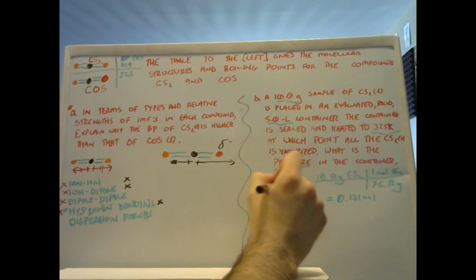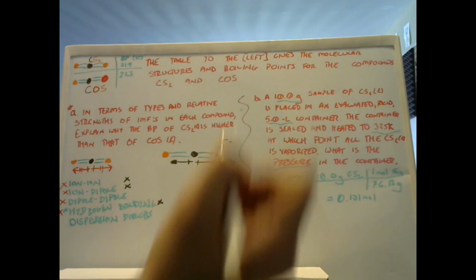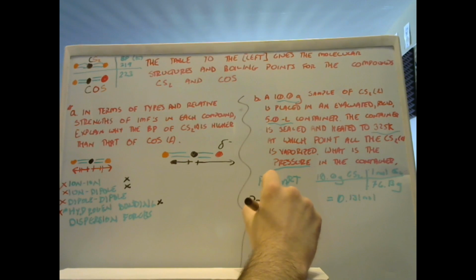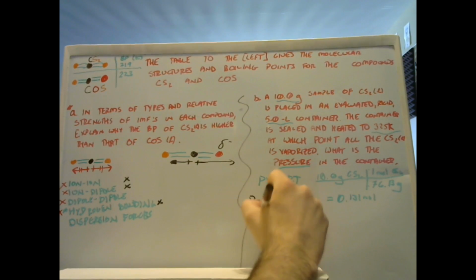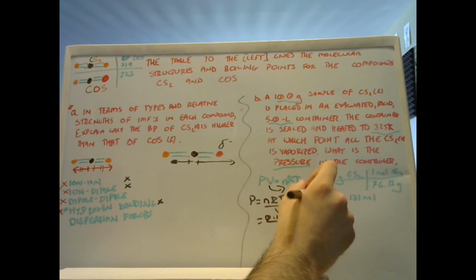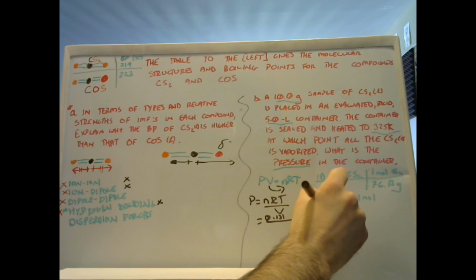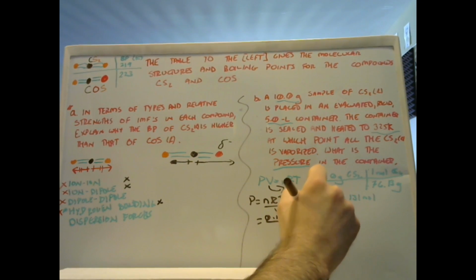I'm going to move the V to the other side, get P equals nRT over V. And then I'm going to plug in my numbers. N is the 0.131 I already got. R is a constant. We will pick that in a second. I'm just going to finish plugging in my other numbers I have. 325. And V is 5.0.